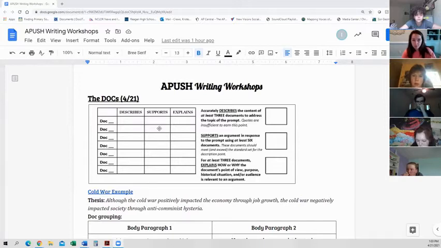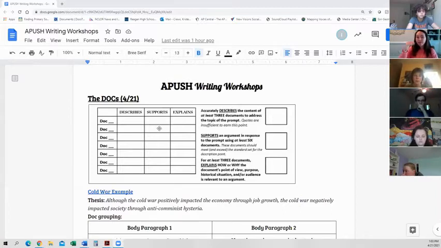thesis statement point, okay? So as an example, I'm going to use the Cold War DBQ today. If a kid said that the Cold War impacted American society politically and economically, period, that wouldn't earn the point.